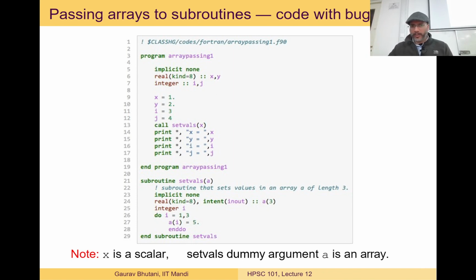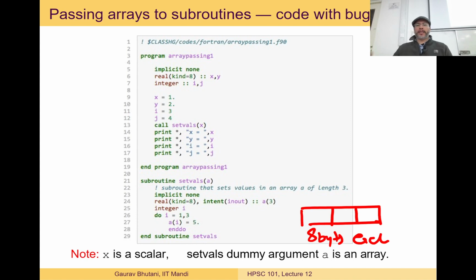Let me give you an idea. I'll break it into 3 chunks. Each chunk is 8 bytes big. So it is 24 bytes that the array a is supposed to have.